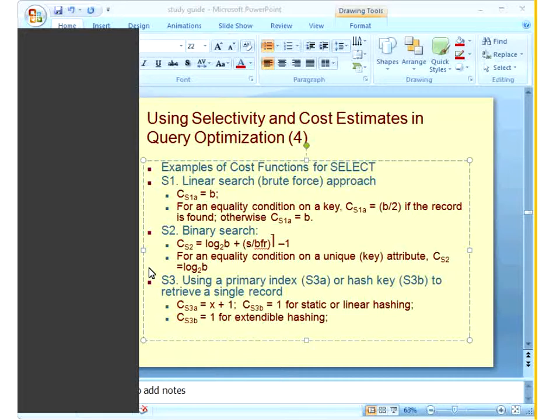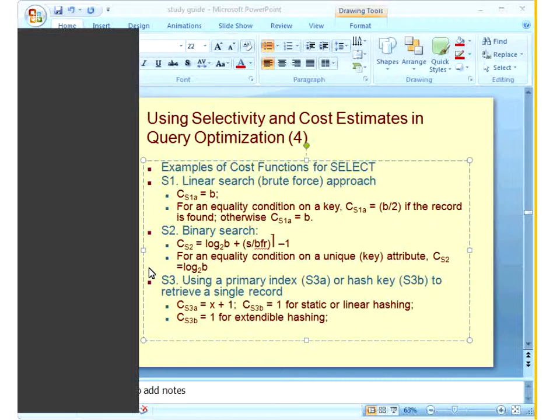Okay. Here for linear search and static linear hashing, why is it sometimes equal to 1 or we increase it by 1? If you read page number 713 of your book, you will find many primary formulas given over there.